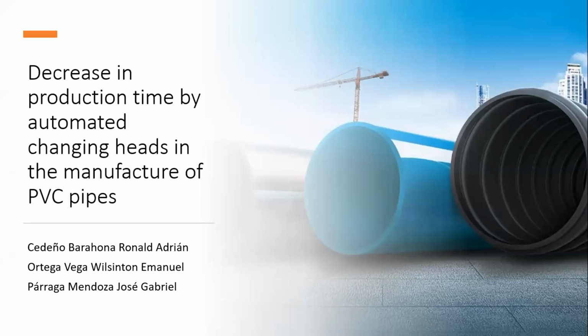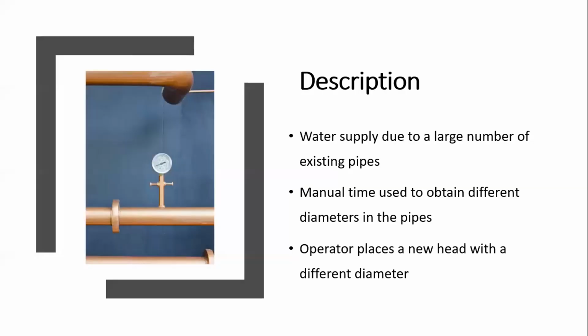Good morning. Our project topic is, as said, decrease in production time by automated change heads in the manufacture of PVC pipes. So we have our description of the problem. We did research on the company and the current situation of manufacturing PVC pipes.